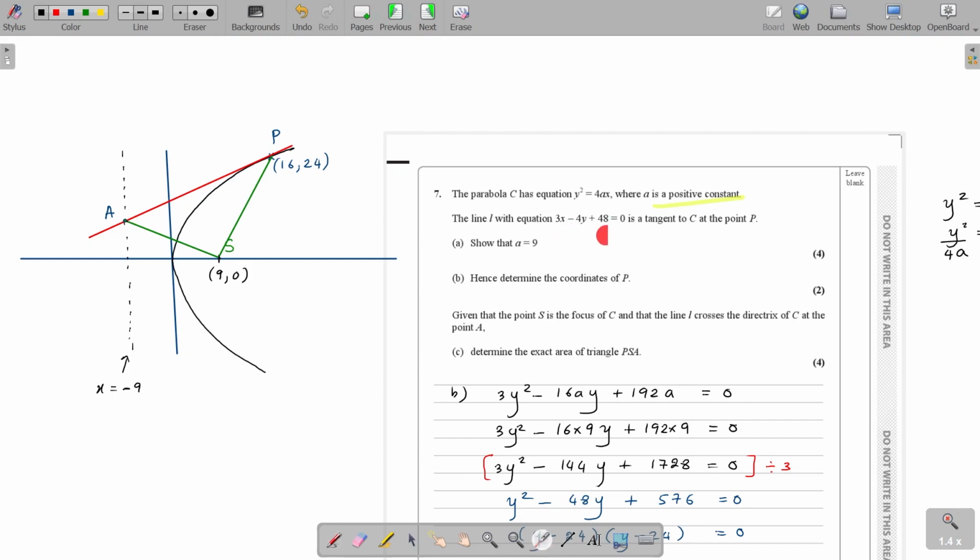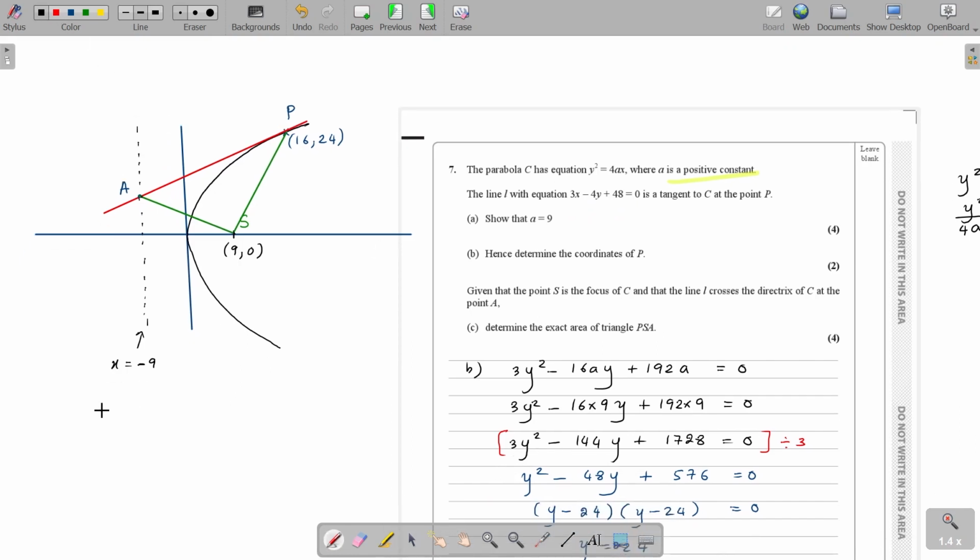So when x is minus 9, we get y. The equation is 3x minus 4y plus 48 equals 0. So 3 into minus 9 is minus 27, minus 4y plus 48. Minus 4y comes here as plus 4y. Minus 27 plus 48. How much is y?